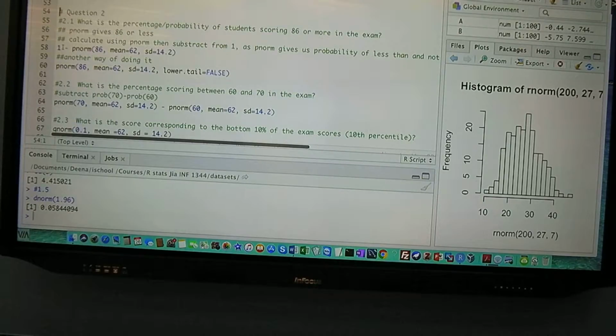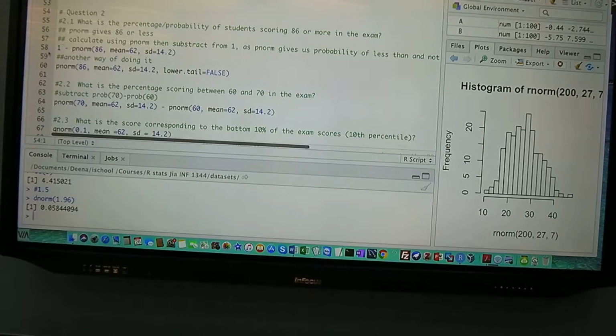Because P norm by default in R gives probability of less than 86. Always, all the time. If you are asked about probability that is greater than, then you do 1 minus the same command that you do for the rest. Okay? This is one way to do it.